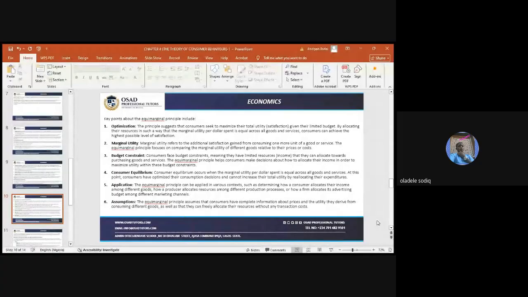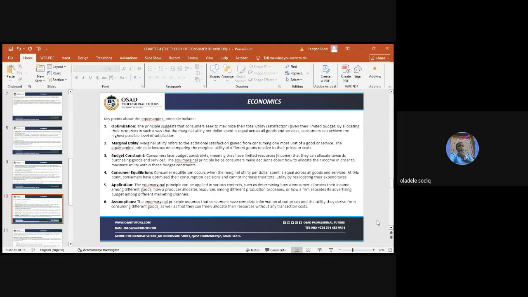We also have consumer equilibrium, which I've also explained, whereby your utility is equal to your what? To your budget. That is, what can satisfy you is what you take. The quantity consumed is equal to the satisfaction derived. That is what we call consumer equilibrium.